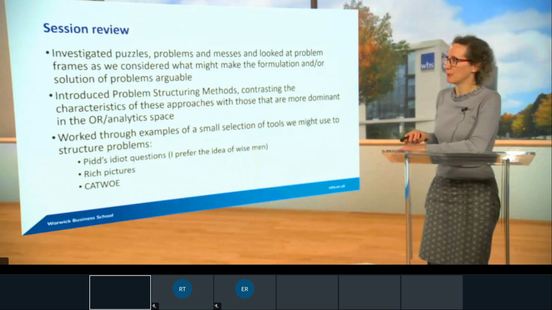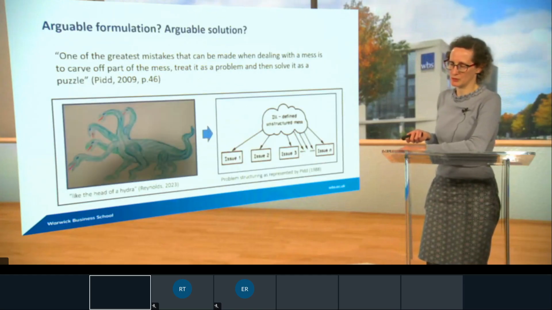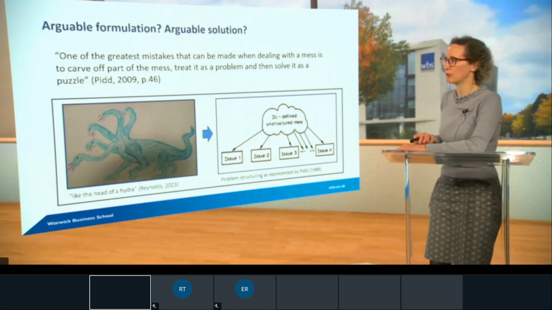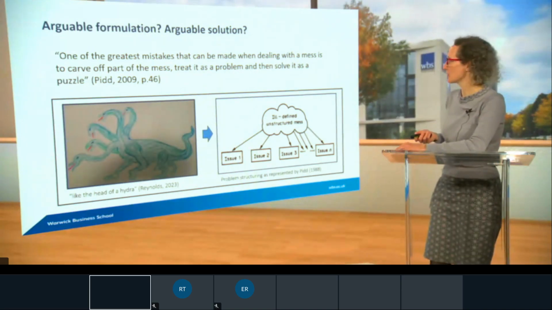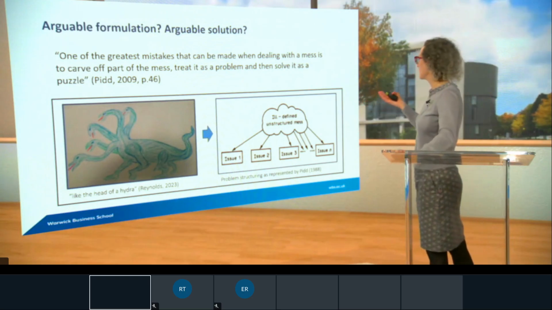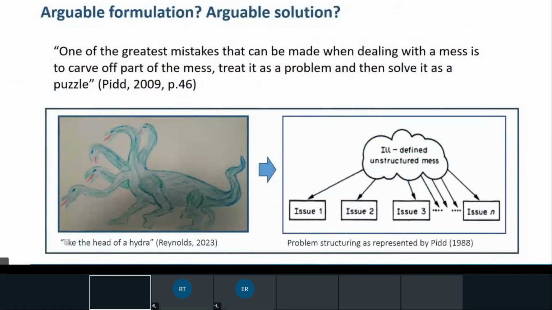Ultimately, though, I hope I've convinced you to think about whether problem formulation and problem solution are arguable. Because as PID says, one of the greatest mistakes that can be made when dealing with a mess is to carve off part of the mess, treat it as a problem, and then solve it as a puzzle.